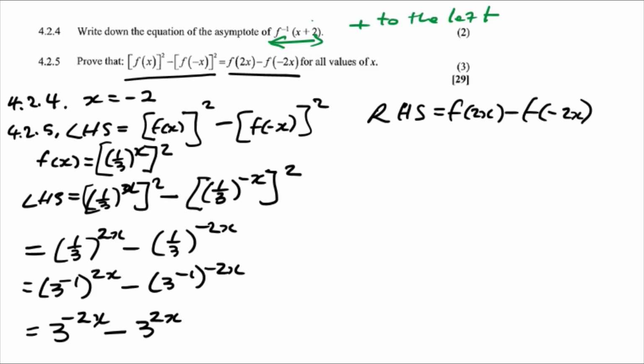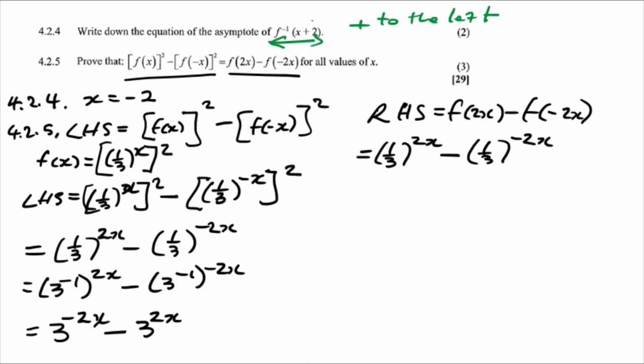Then now when we look at the right hand side over here, we have f of x is 1 over 3 to the exponent x, but instead of x we substitute 2x, minus 1 over 3 to the exponent, instead of x we substitute negative 2x.